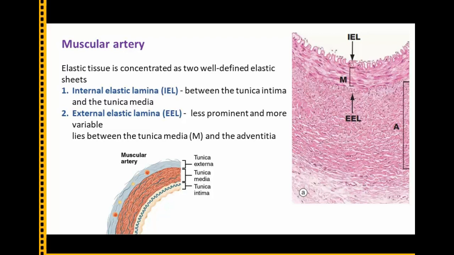Those are the internal elastic lamina, this one, and the external elastic lamina. The internal elastic lamina is between the tunica intima and the media, and the external elastic lamina is between the media and the adventitia. The external one is less prominent.